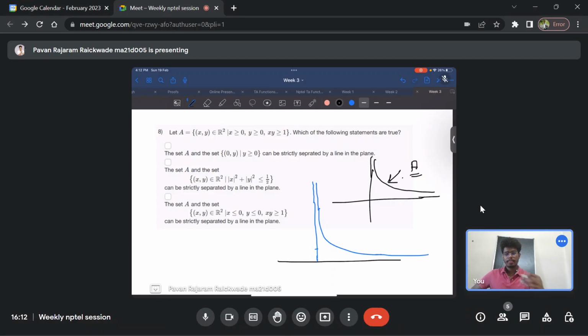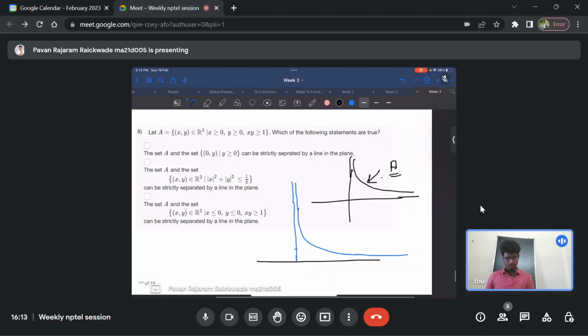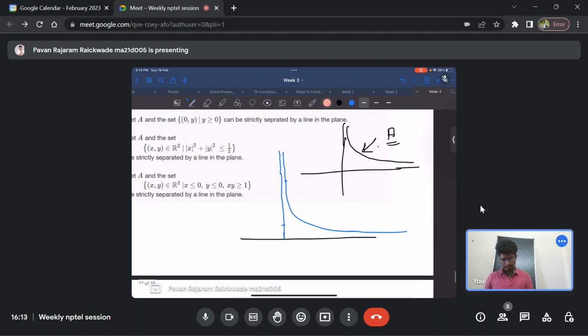And the basic fact is, if you ignore all the theorems, what I'm asking is this: this is one curve, this is the other curve. Can you draw a line between those curves which does not intersect either curve, with one curve to the left of the line and one to the right? Is it possible? No, right? This line goes on infinitely, and the curve gets nearer and nearer as it goes up.